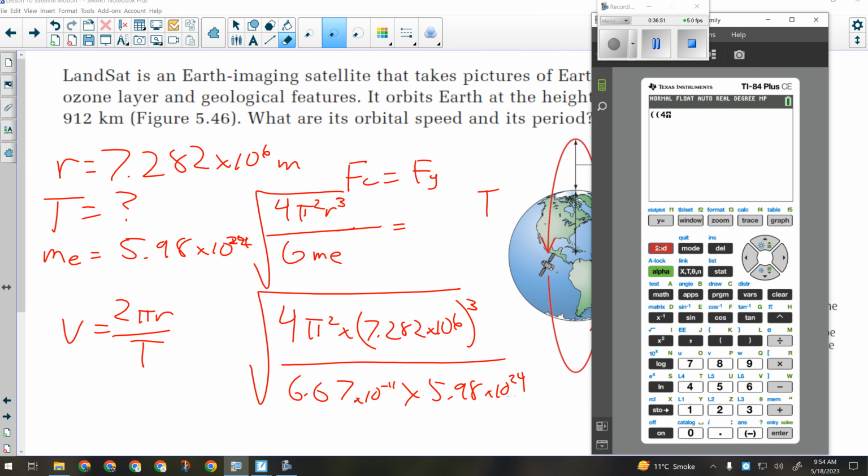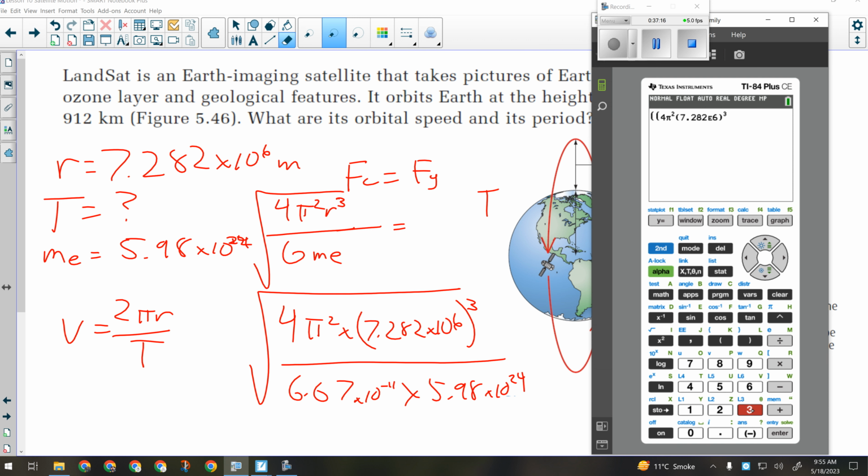4 pi squared times 7.282 E6 cubed. In case you don't know how to do the cube, hit the math button and then press 3 and you get the cube. Math and 4 gets you cube root, which you'll need if we ever have to solve for radius using the same method.